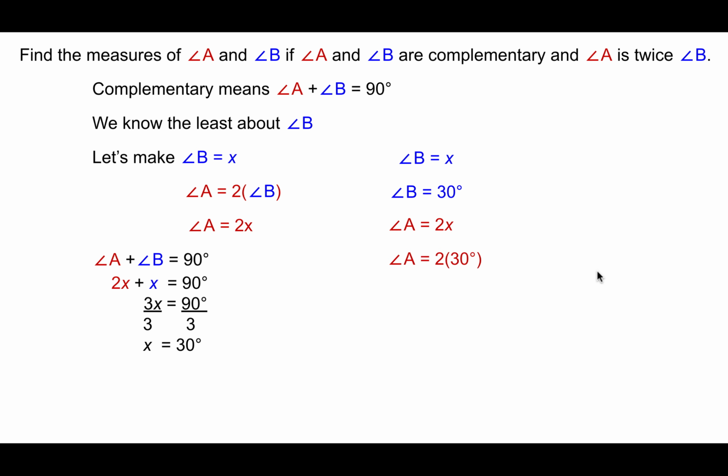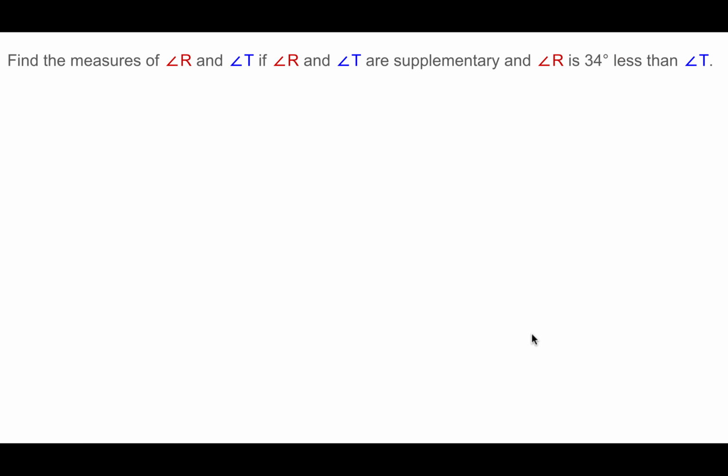Angle A is 2X, so we replace the X with 30 degrees, and 2 multiplied by 30 degrees is 60 degrees. So angle B is 30 degrees and angle A is 60 degrees. 60 plus 30 is 90, so they're complementary. And if you look at this, angle A is twice angle B, because 2 times 30 is 60.